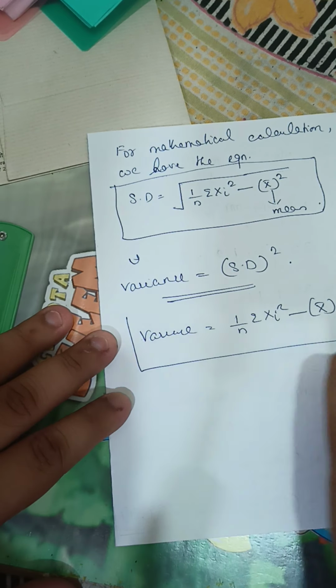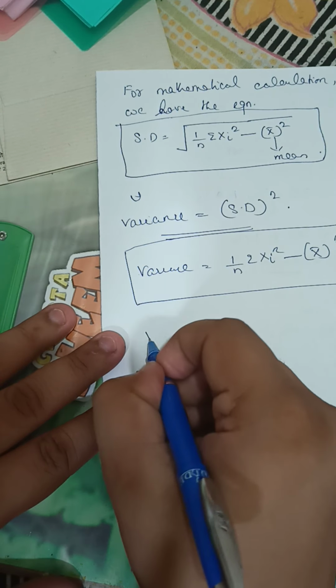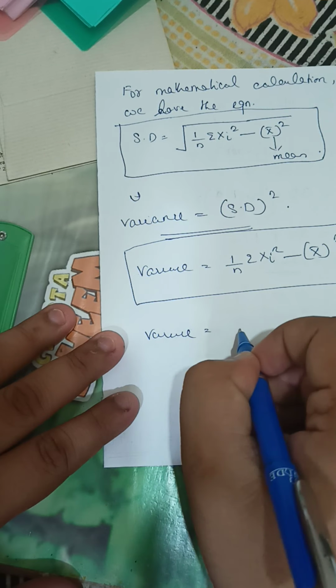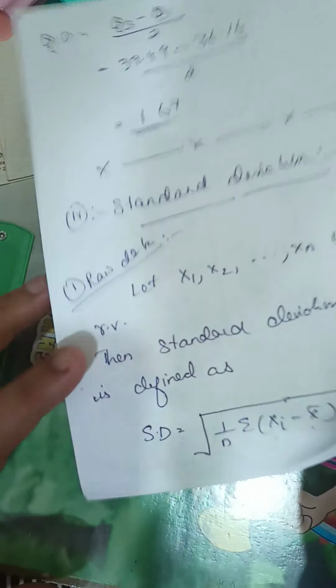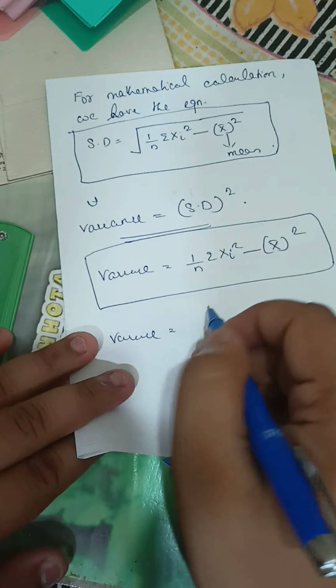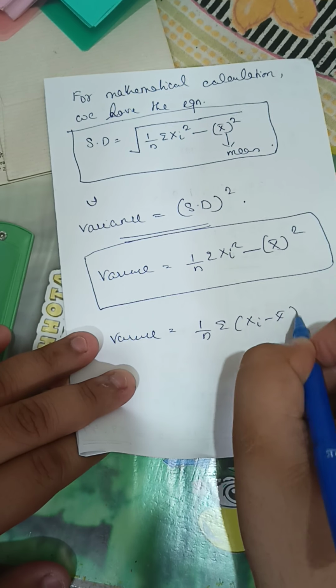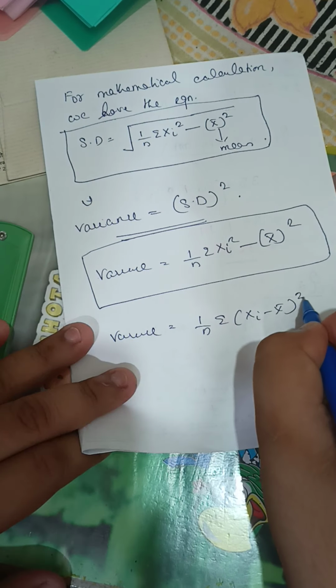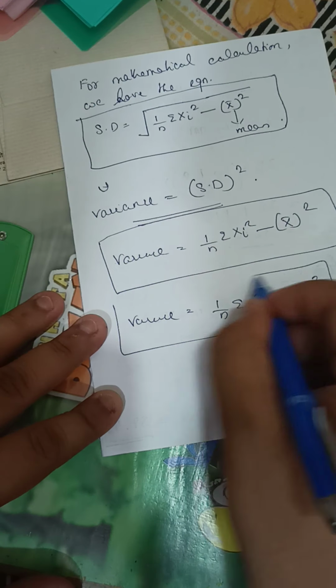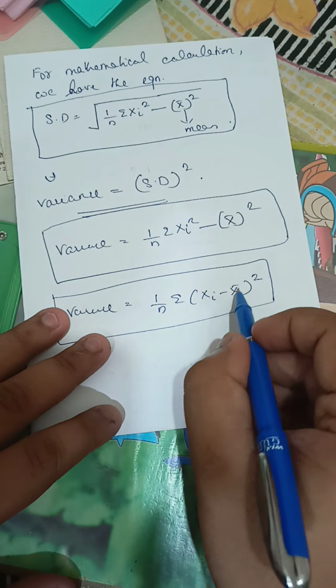Or variance can be defined as 1 by n summation xi minus x bar the whole square. So this is a square term.